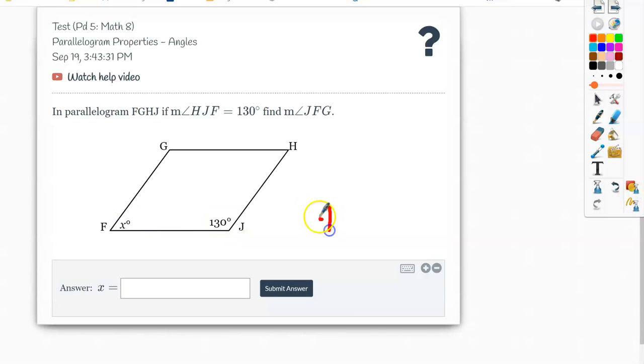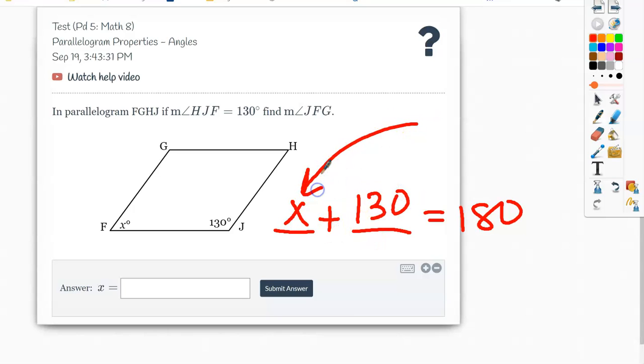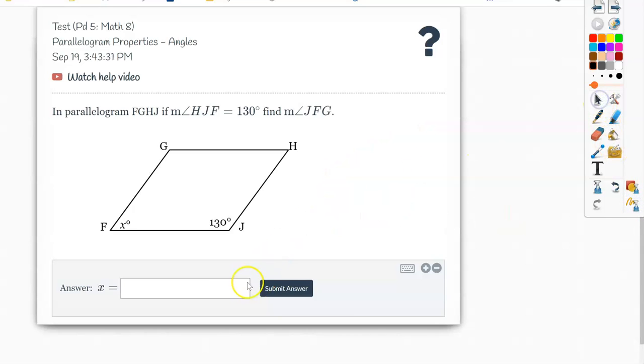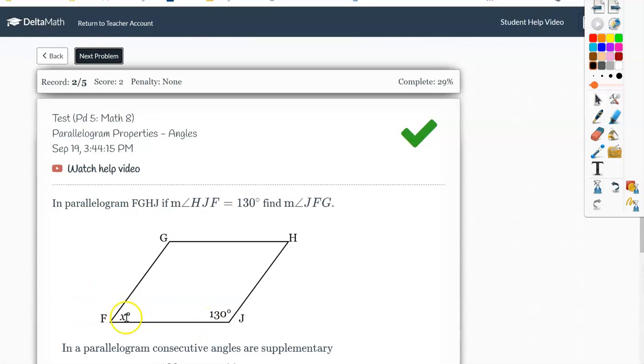Supplementary: two angles that when you add them together, they sum to 180 degrees. So I've got x and I've got 130, so I need to find that missing number. So the missing number is 50. Two angles that add to 180. Same side, inside angles.